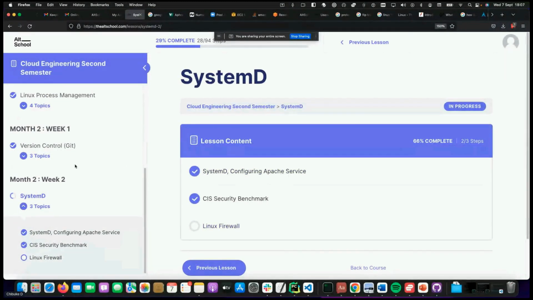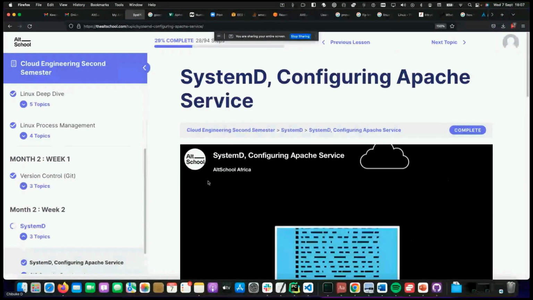I would like to know just a few people who understand what systemd is all about. Does anyone understand what systemd is all about? All right, cool.